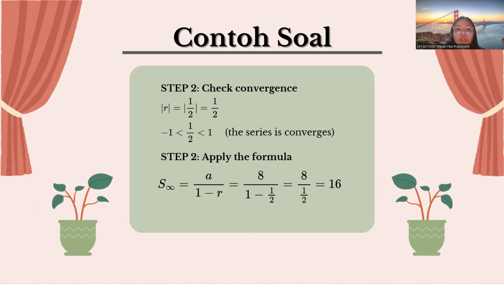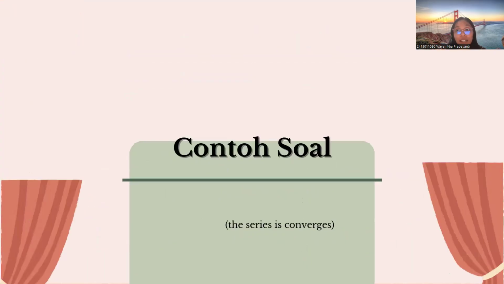The absolute value of 1 half is 1 half, so the series is going to converge. For the next step, we apply the formula and operate it like this, and we get S infinity equals 16.